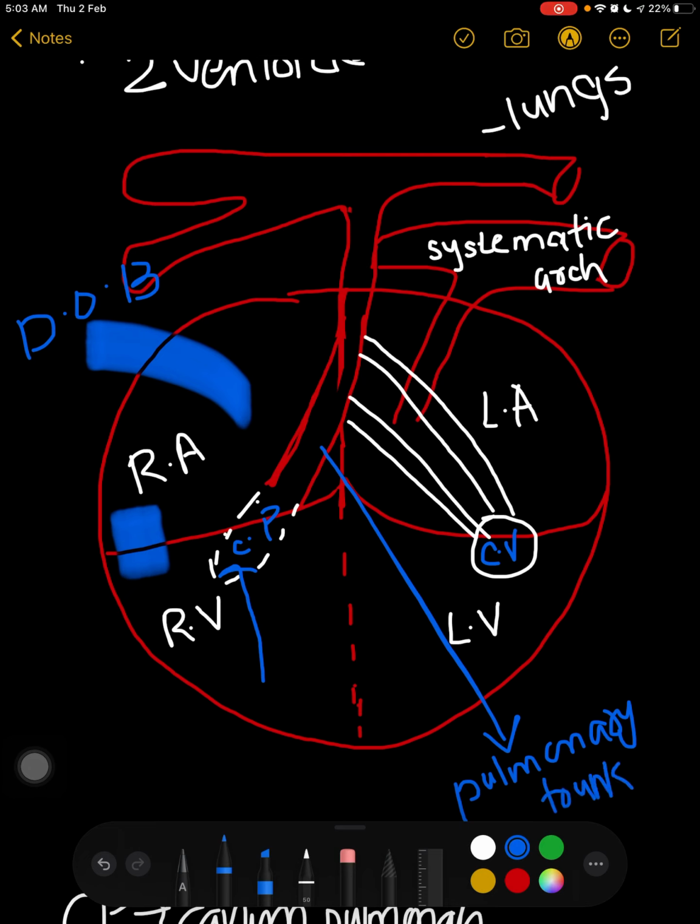So right atrium to right ventricle to cavum pulmonalis to pulmonary trunk, and from pulmonary trunk to the lungs. This deoxygenated blood will go for the oxygenation purpose, right?